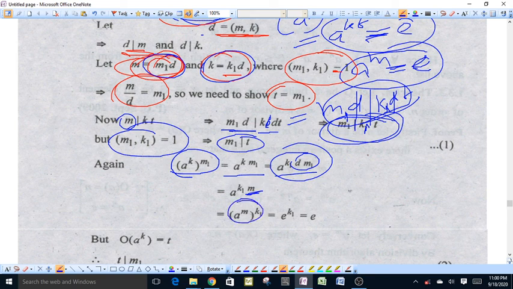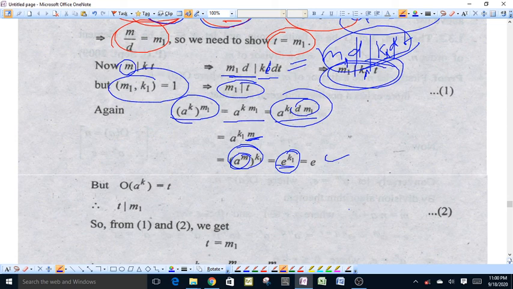But the order of a is equal to m. This means a raised to power m will be equal to e, and e raised to any power k1 will be equal to e. But the order of a raised to power k is equal to t. Here a raised to power k, raised to power m1, is equal to e. This means t divides m1.